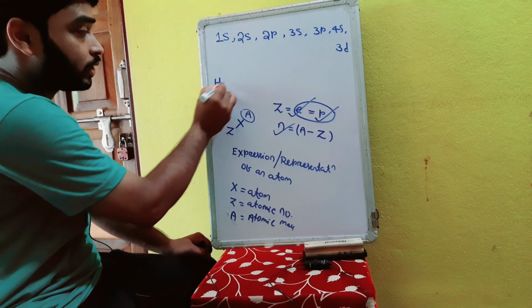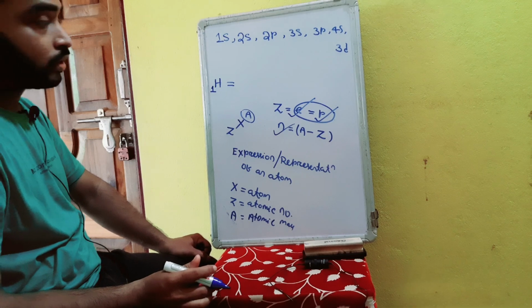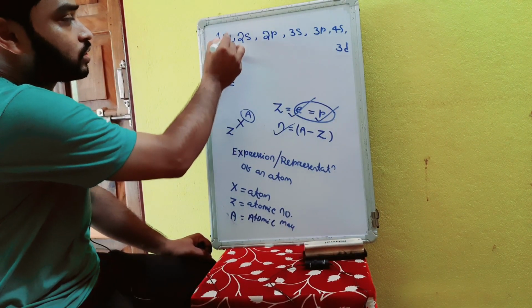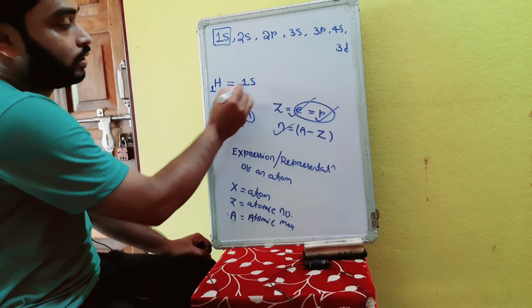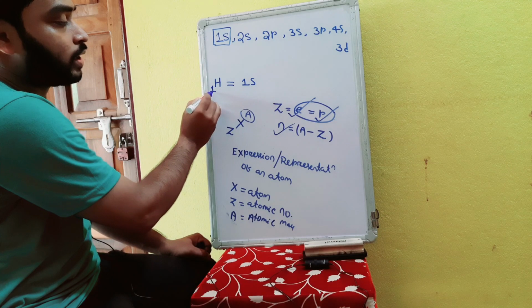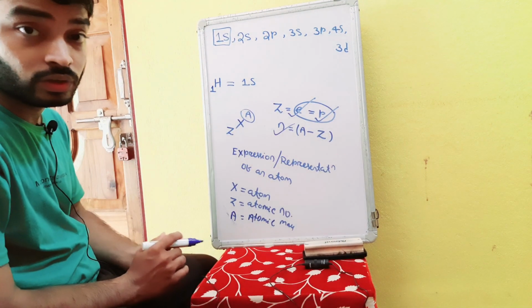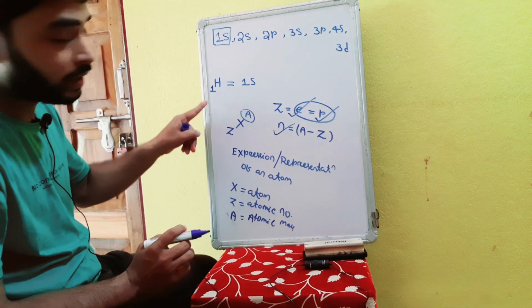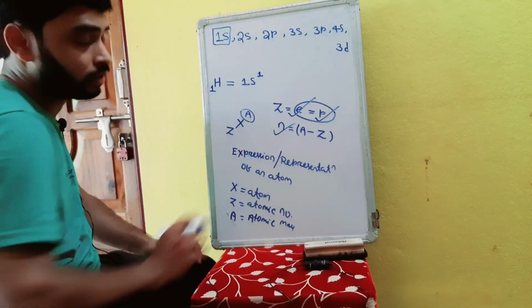Here 1 electron is present as hydrogen is in neutral state, so the electron will go to the first subshell, the 1s orbital. The s orbital can occupy a maximum of 2 electrons, so with 1 electron we write 1s^1.